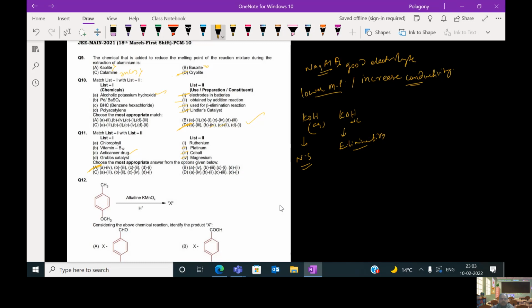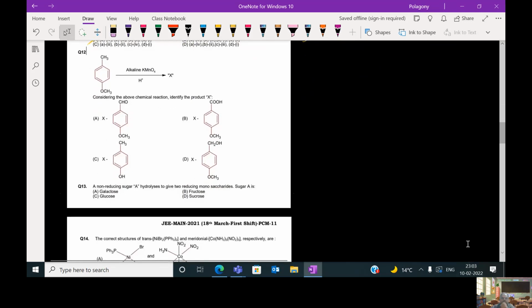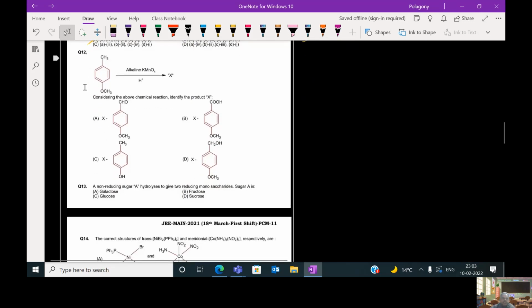Now the 12th question. Let us see what options are given. For the 12th question, a compound is given: benzene with a methoxy group and a methyl group, treated with alkaline KMnO4 followed by hydrolysis. The CH3 is changed into alcohol and then, after hydrolysis, we get a carboxylic group.